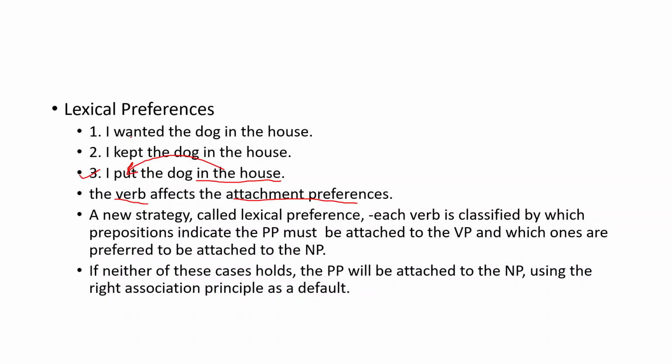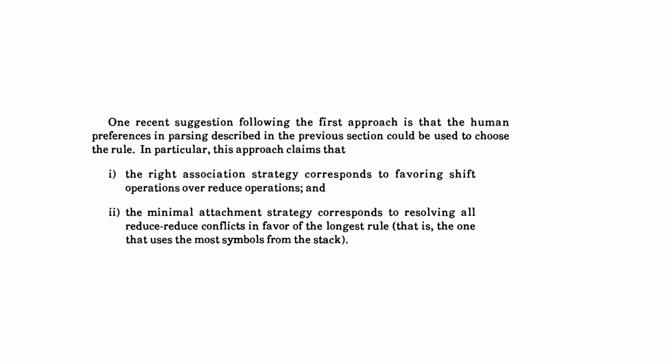So these are three different methods of disambiguation which can be used as heuristic rules to try to decide which of the ambiguous parse trees can be considered at a time. One recent suggestion following the first approach is that human preferences in parsing could be used to choose the rule.